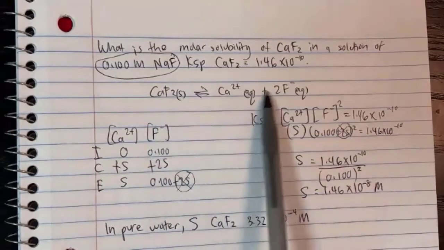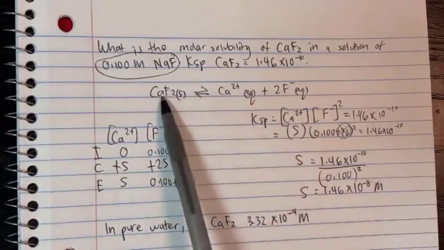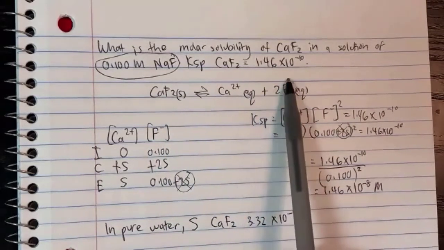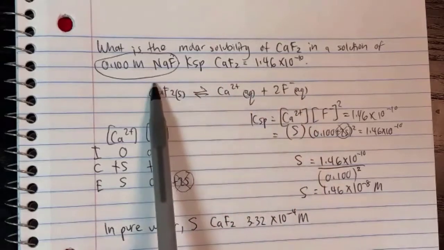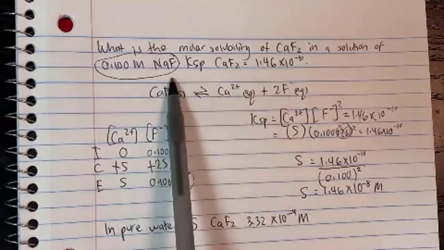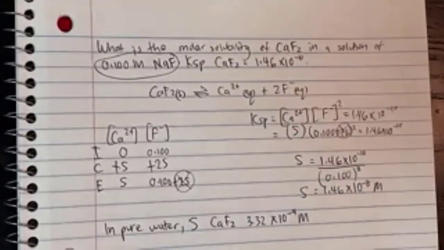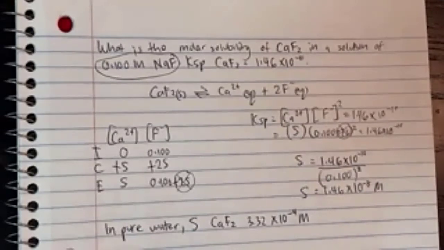If it's just plain this guy here with no other extra stuff, it reaches equilibrium. And then you added some extra F. What happens is it pushes the equilibrium, the reaction shifts to the left. So less of it becomes soluble, and that's why the number gets smaller compared to in water. When you have a common ion, it becomes less soluble. The more common ion you have, the less soluble it will be, in comparison to pure water.